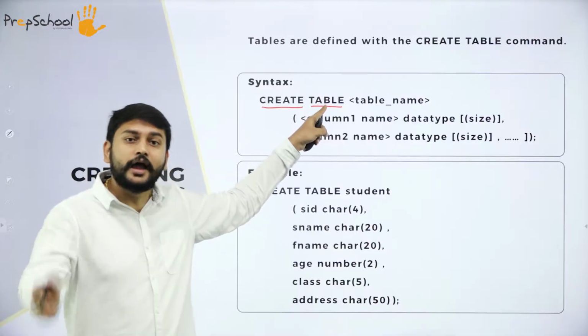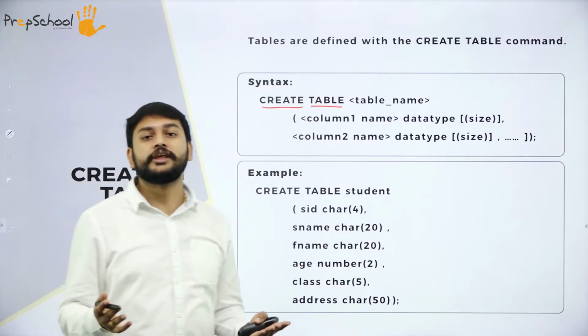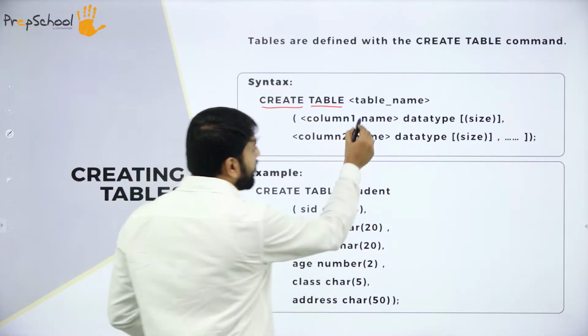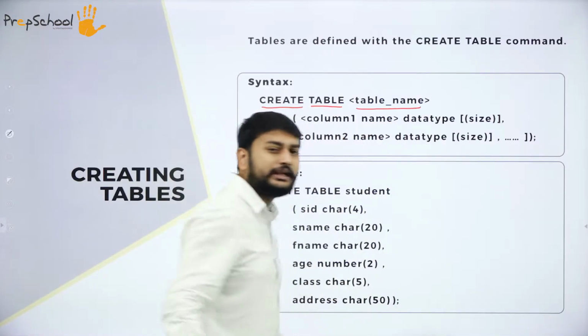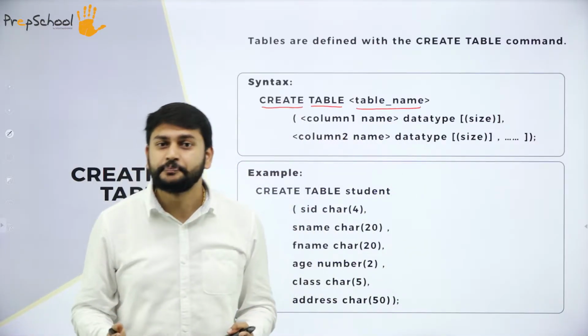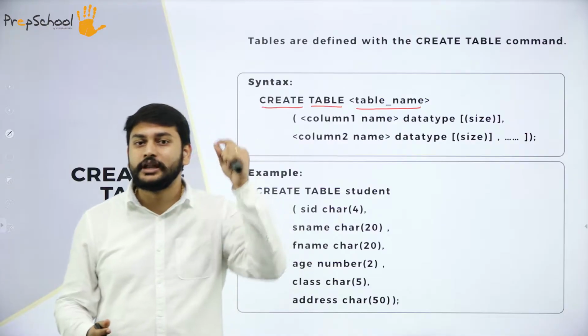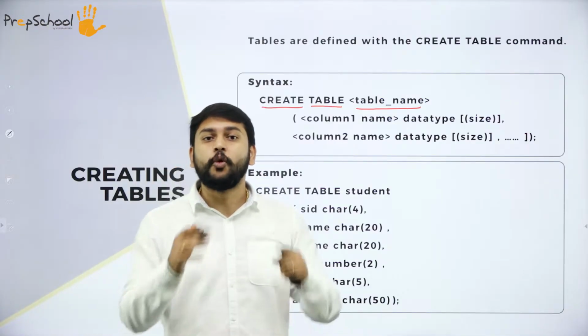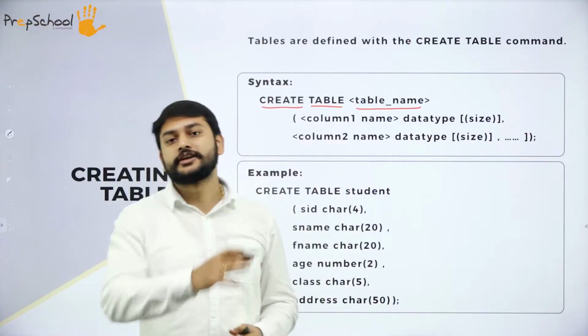After that, I have to specify the name of the table. What should I remember when it comes to the name of the table? It can be any identifier. Make sure that the name of the table speaks on behalf of what exactly the table is that you are trying to create.